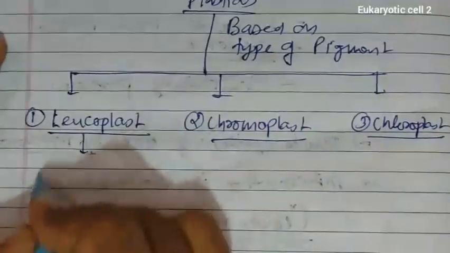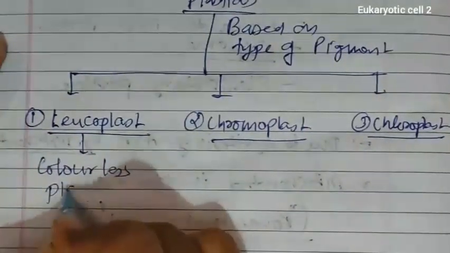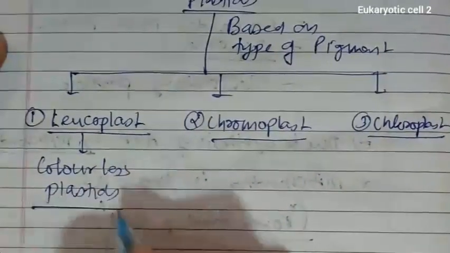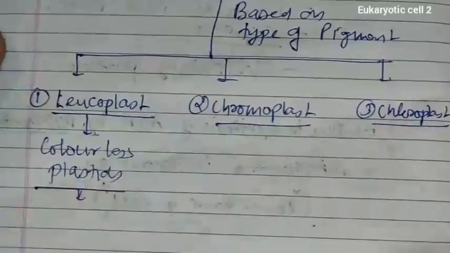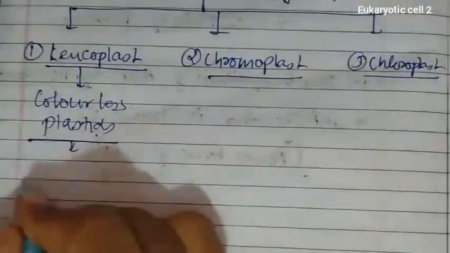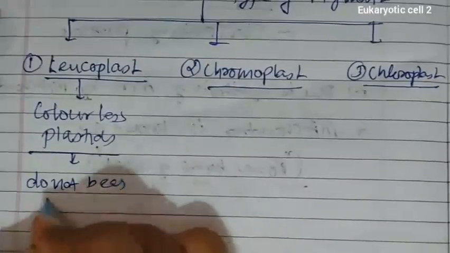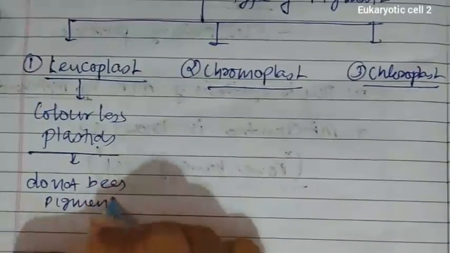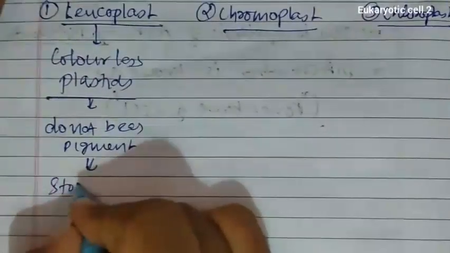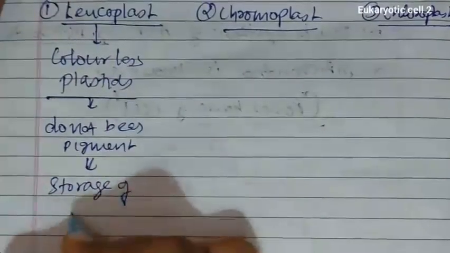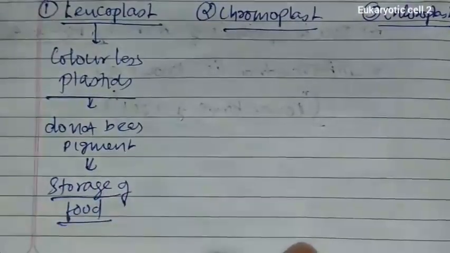Now leucoplasts are colorless plastids, and these leucoplasts are the colorless plastid, so they do not bear pigment and they carry out storage of food. So function is storage of food.